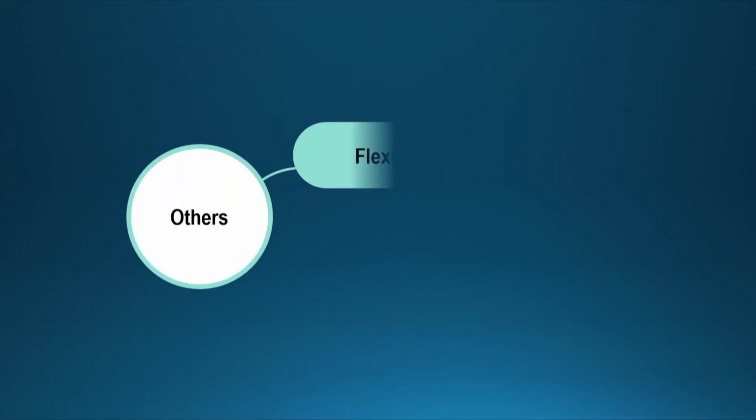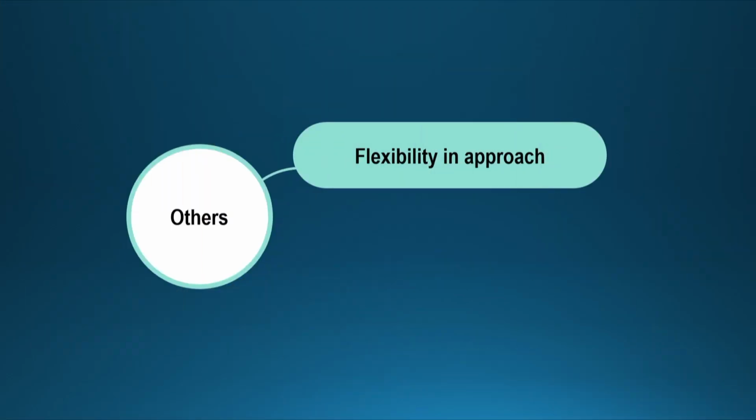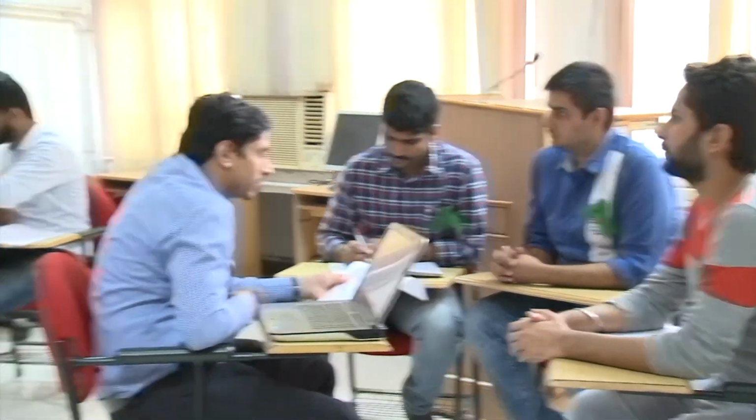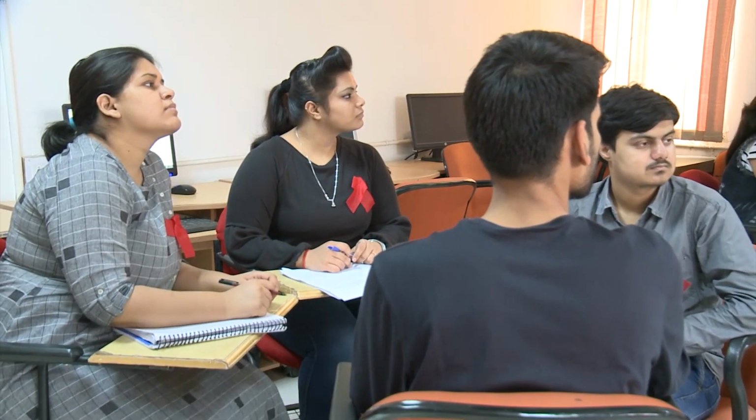In addition to that, a teacher needs to be very flexible in his approach. Now, for example, you planned for a group discussion to be organized. You asked your students to prepare the topic and participate in the group discussion.